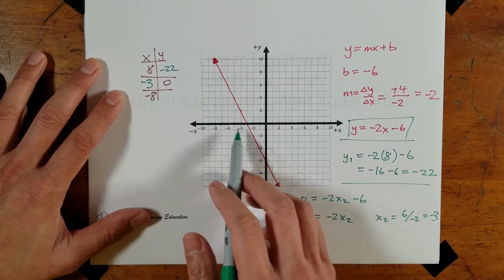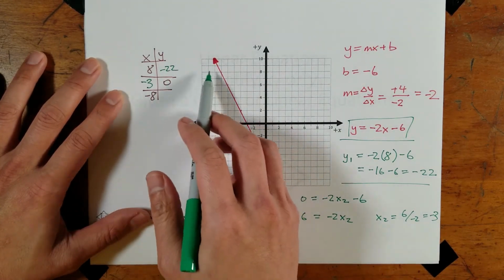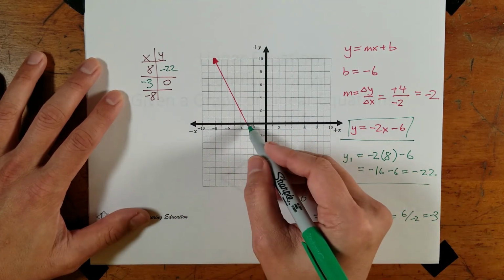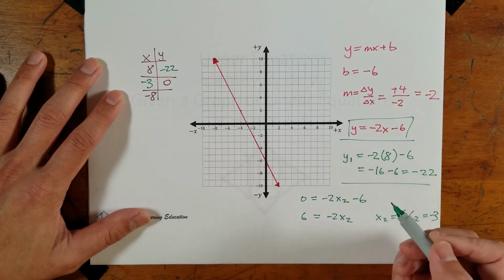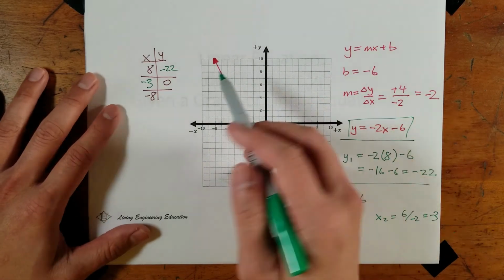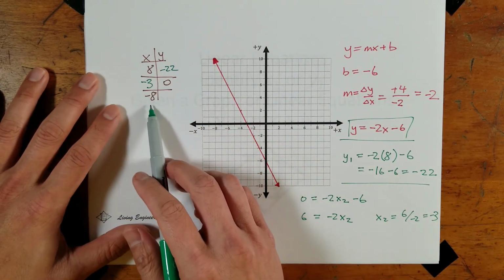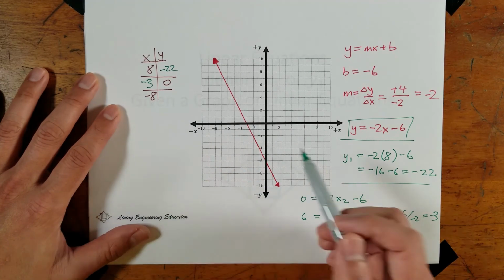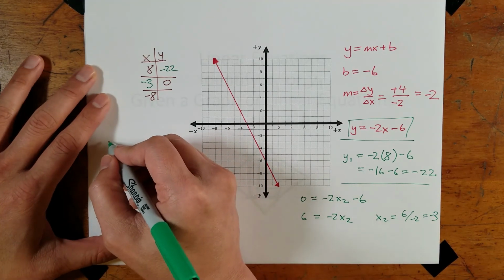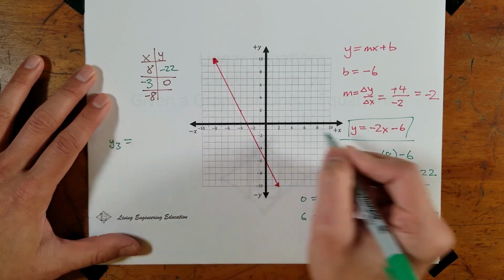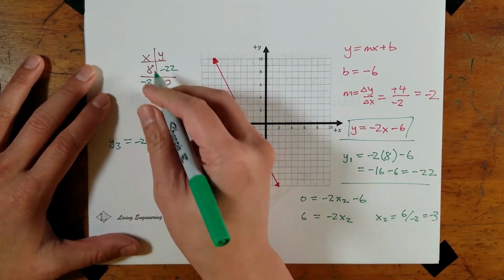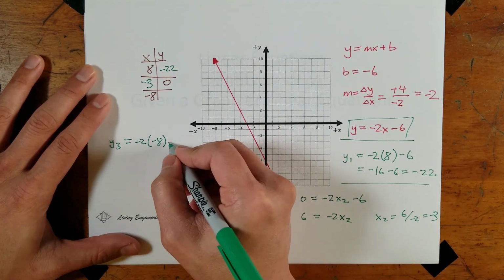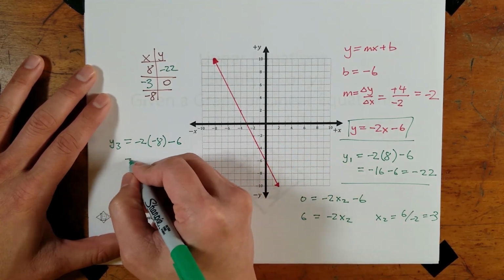And we can check this, right? So where the line intersects the x-axis, we see that it's at x equals negative 3. Right? And finally, we can solve for y3 given x3 of negative 8. So y3 is equal to the slope, negative 2, times x3, which is negative 8, plus the y-intercept, negative 6.